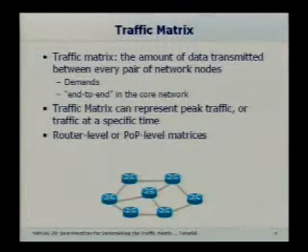The traffic matrix itself can represent either the traffic at a specific time or already some kind of aggregated data, for example, the average over a day or the peak during a day. We see two types of traffic matrices, basically router to router or PoP to PoP, where with PoP to PoP you only look at the traffic between two locations, not specifically to which router it's going. I won't be talking very much about that, so we will look at router to router traffic matrices.